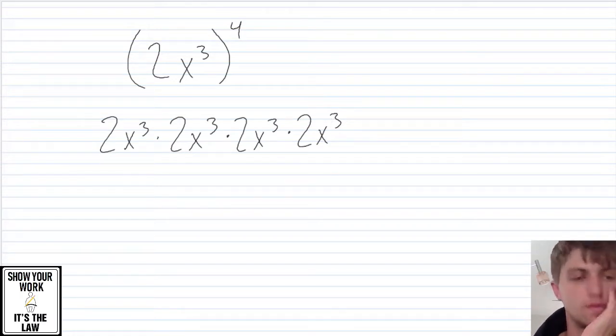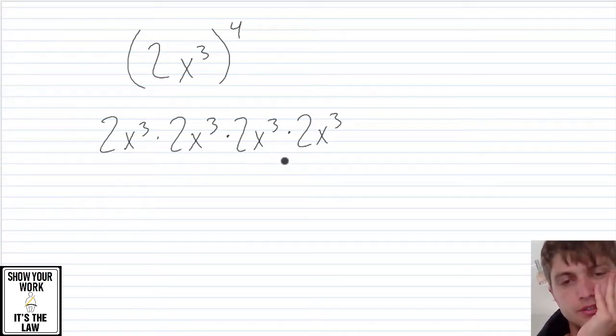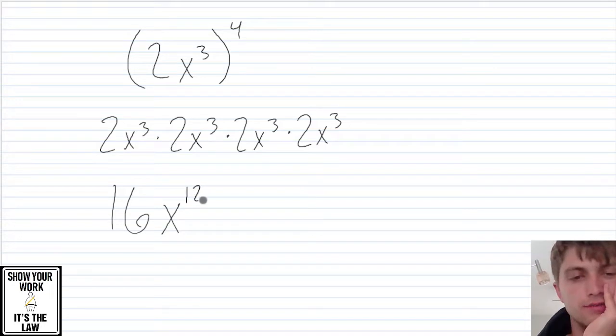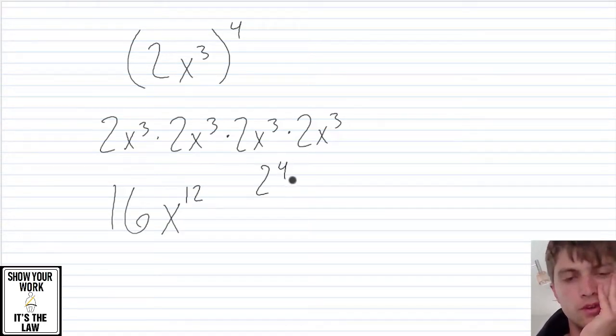Okay, so this is what it breaks down to, and we can just do our coefficients. We got 2 times 2 times 2 times 2, which is going to give us 16. And then we have x multiplied by itself. How many times is x being multiplied? 3, 6, 9, 12 times. X to the power of 12. So this is actually the same as 2 to the power of 4 times x to the power of 12.